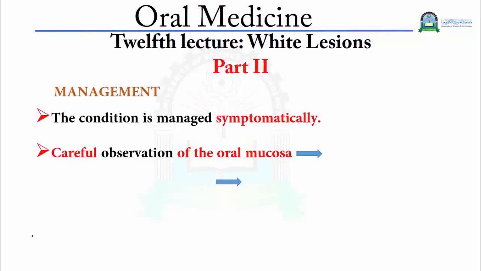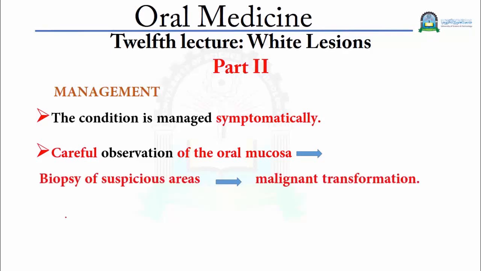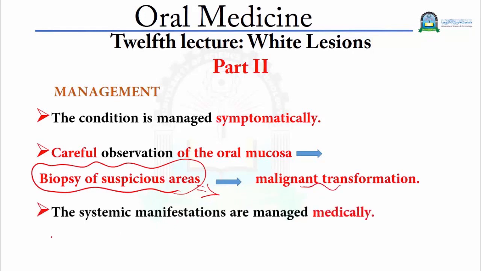Careful observation of the oral mucosa and biopsy of suspicious areas, since it is associated with malignant transformation. It is very important to perform a biopsy of any suspicious areas to rule out any type of malignant transformation.